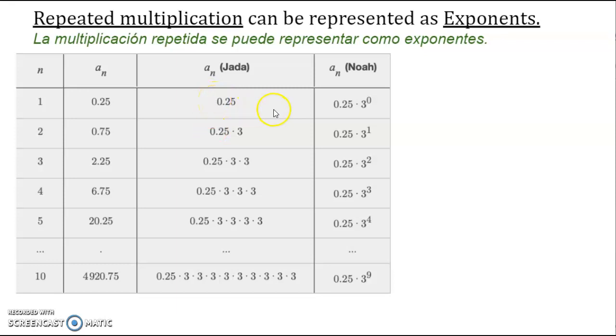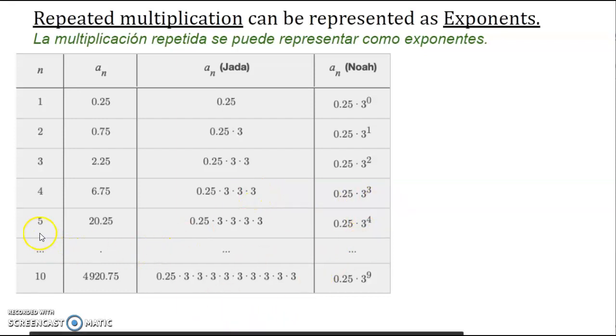And repeated multiplication can be represented as exponents. So here you're multiplying by 3, the common ratio, once. You're multiplying by 3, the common ratio, 2 times, 3 times, 4 times, and so on. And that can be represented instead as 3 to the power of 4 and so on.